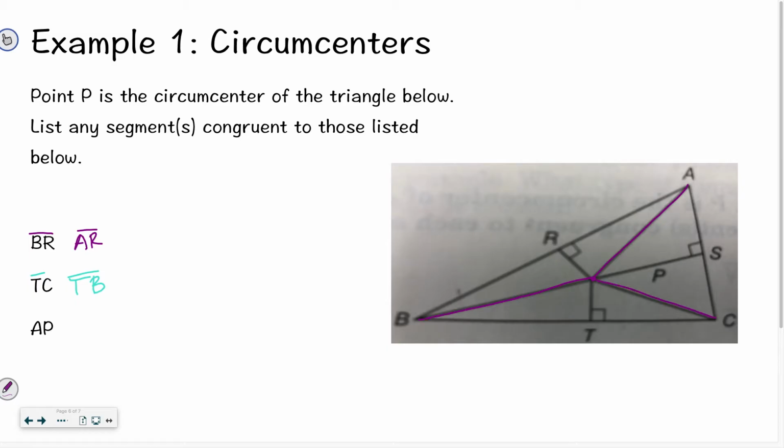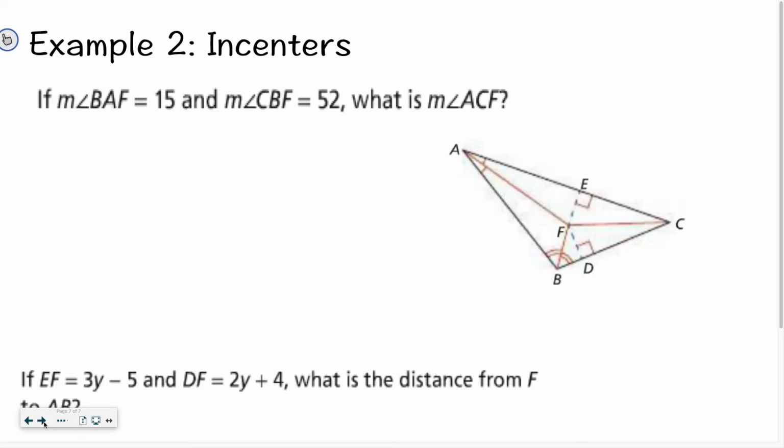So AP would be the same as BP and CP. Those are really similar to the questions I'll ask you both on your worksheet tonight or today and your test, okay?